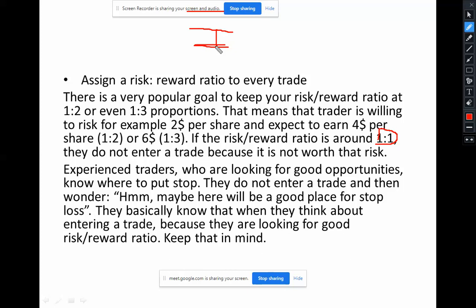So experienced traders who are looking for a good opportunity know where to put stops. Like I said, always place your stop loss. Let's say for example you enter a trade here, and let's say this is a resistance level, and you enter a sell trade below the resistance level.